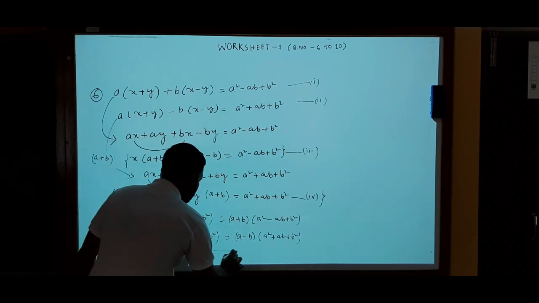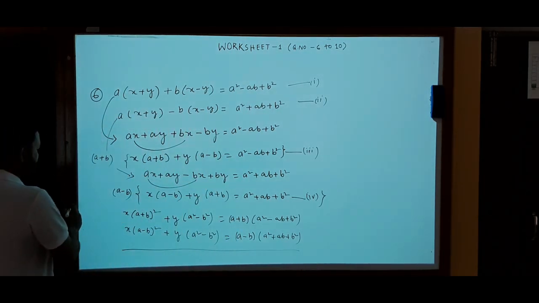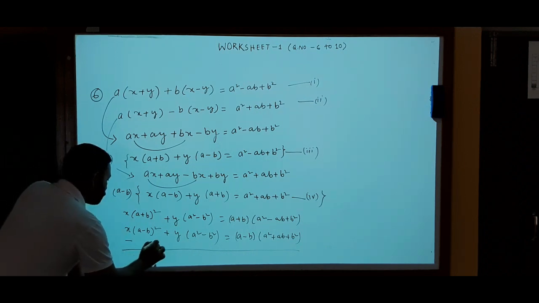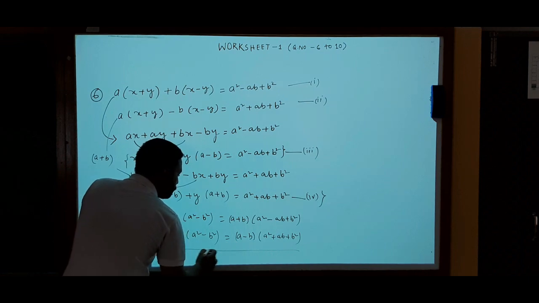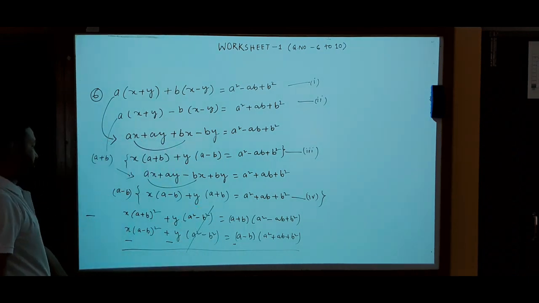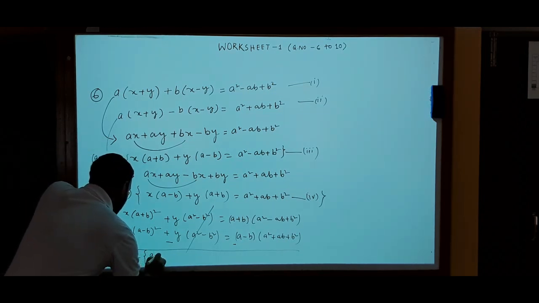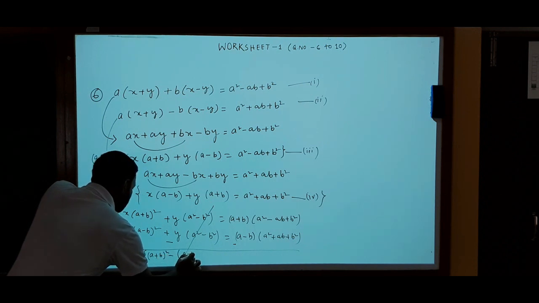Now, check the sign, both the signs are equal, so in that case we have to subtract. Right? So this entire term will get cancelled. So what remains here? x[(a + b)² - (a - b)²].